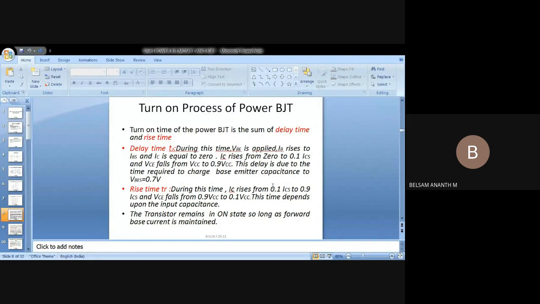So two terminologies apply when you turn on a power BJT: one is delay time and the other is rise time. But remember, many of these things are in terms of seconds, milliseconds, or even nanoseconds, not hours, because these are all electronic components. The switches I am speaking about here are all electronic switches.